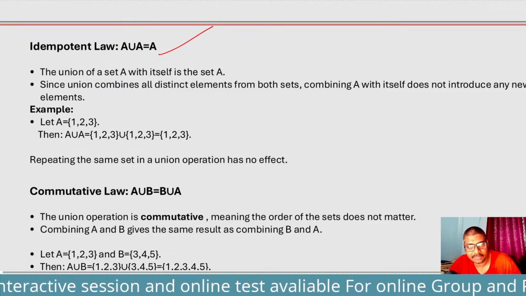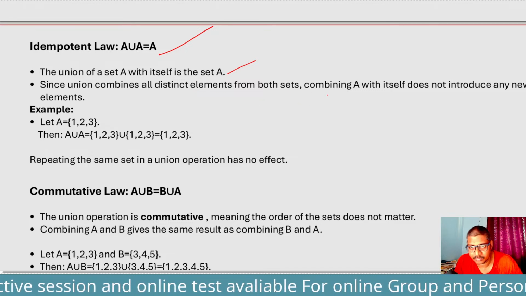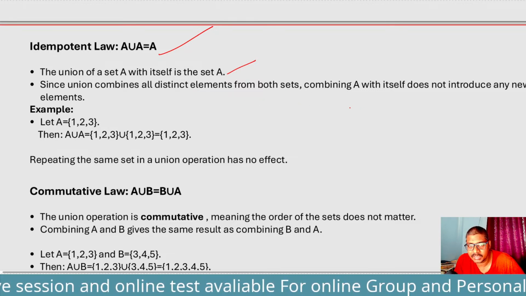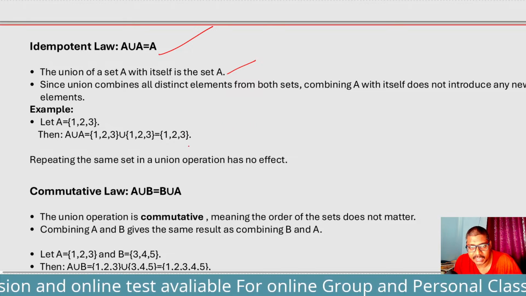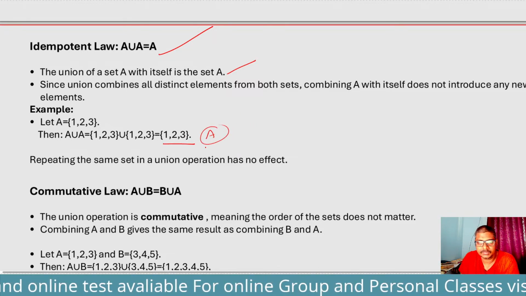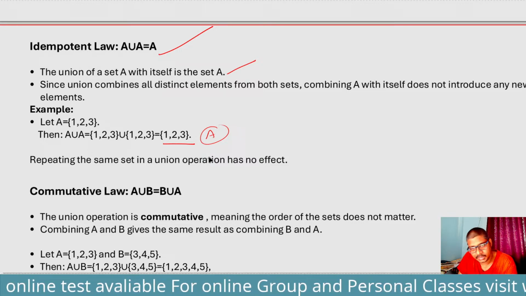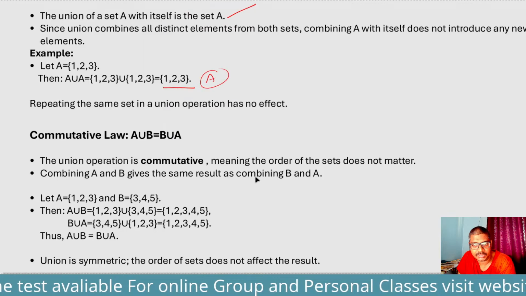Union of set A with itself is set A, since union combines all distinct elements from both sets, so the same element is represented only one time. So there is no effect in the union with the same set.